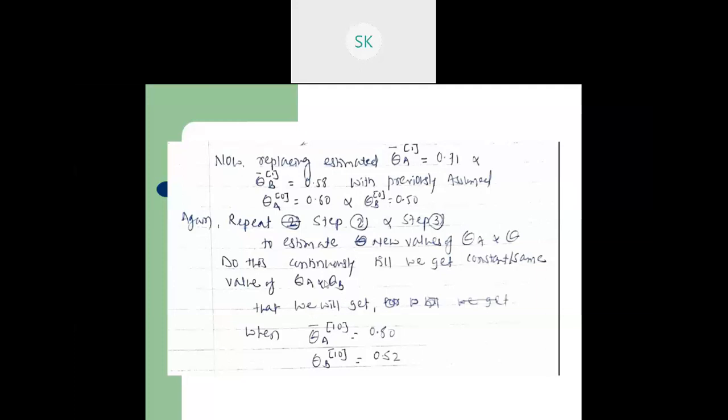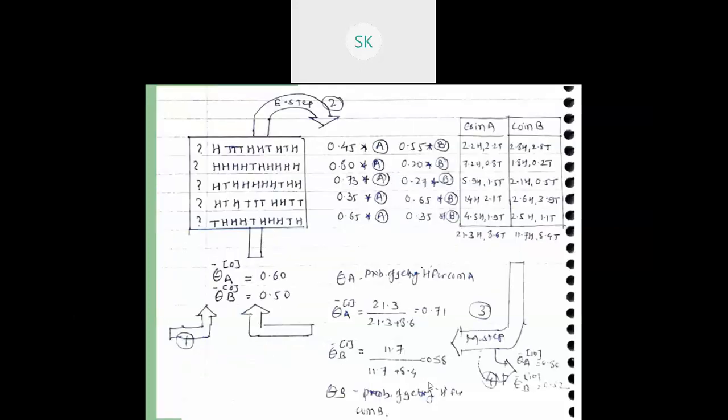So for this particular example, it is written that after the 10th iteration we get the result as theta A equal to 0.80 and theta B equal to 0.50. So these are the maximum values we can see. So it moves to the next step, that is the fourth step.